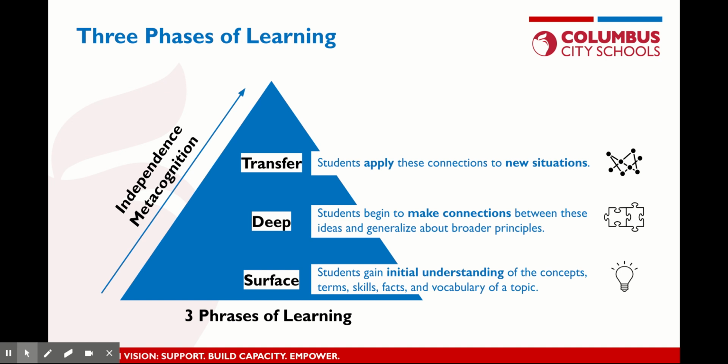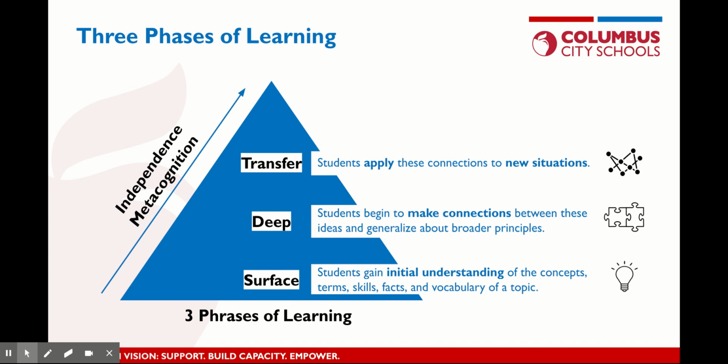This is really a follow-up to our October professional development session where we talked about visible learning for social studies, and we began with an understanding of the three phases of learning. So on this pyramid, our phases start here at the bottom with surface learning. This is where students gain an initial understanding of the concepts, terms, skills, facts, and key vocabulary around a particular topic.